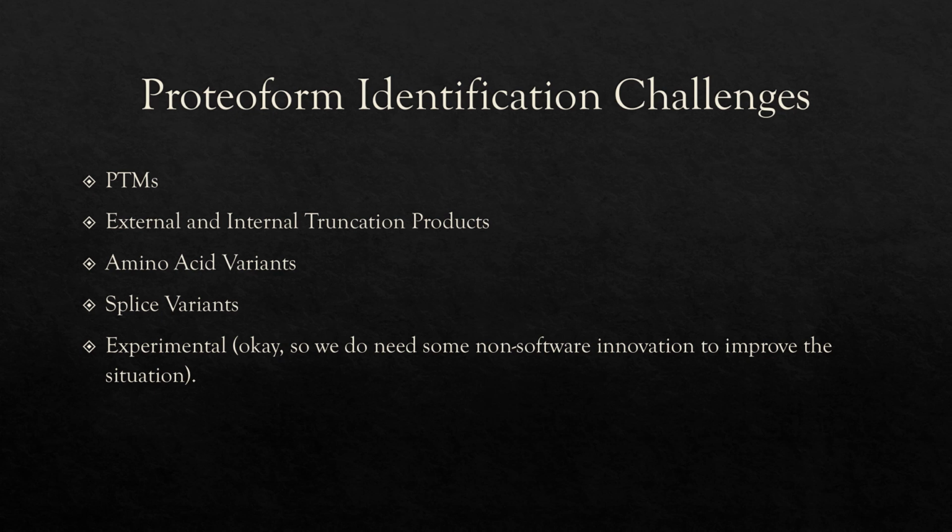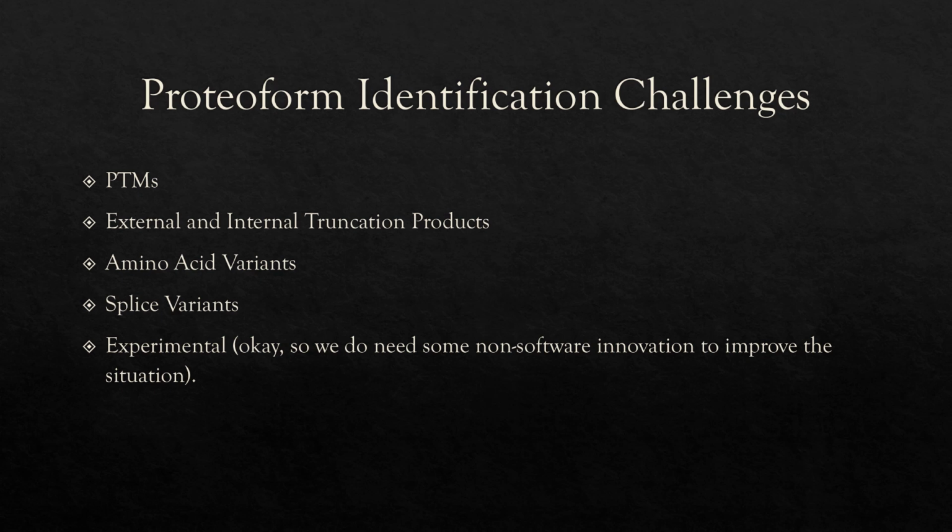So I just want to reiterate why proteoforms are so hard to identify. One is they can have any number of PTMs, many different kinds of PTMs, many PTM combinations. They can have truncations, they can have splice variants, amino acid variants.